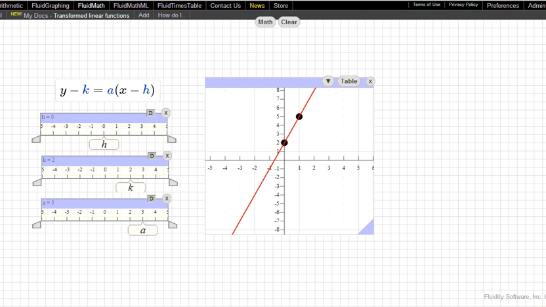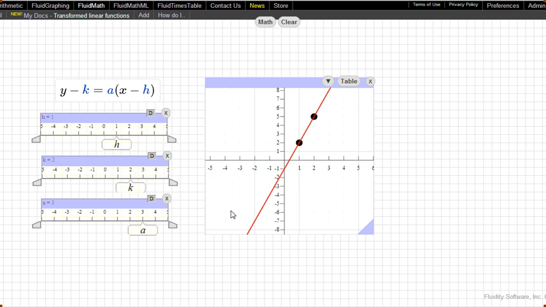Here I've graphed y minus k equals a times (x minus h). Let's let h be equal to 1, k be equal to 2, and a be 3. If h is 1 and k is 2, then the graph should go through the point (1, 2). In fact it does.